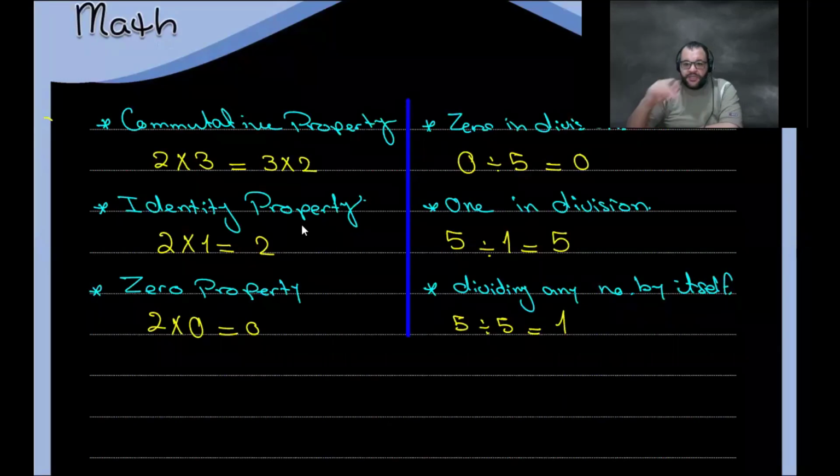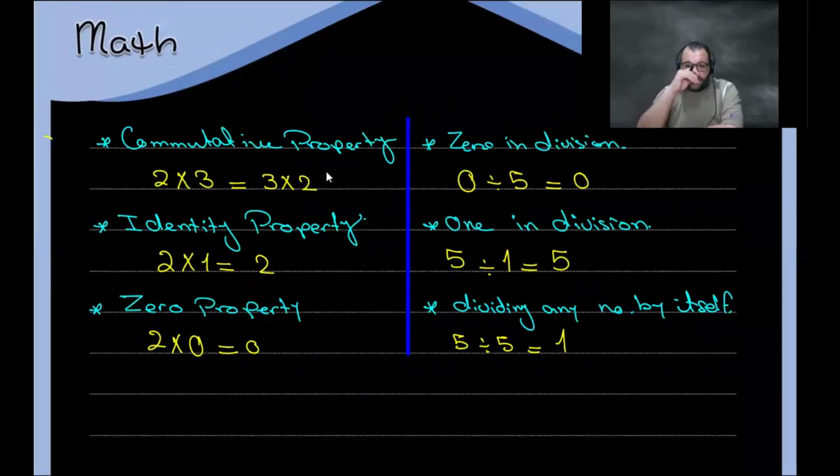That is the 6th property that we have, and you have to memorize it. If you have a problem, raise your hand. My question is, do you have any problem for this one? Okay.